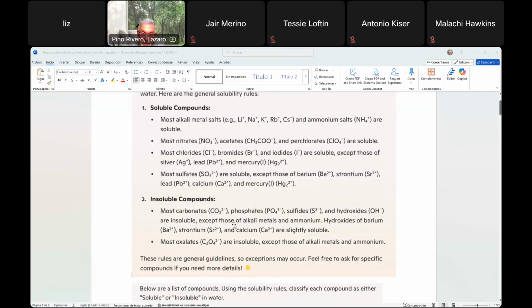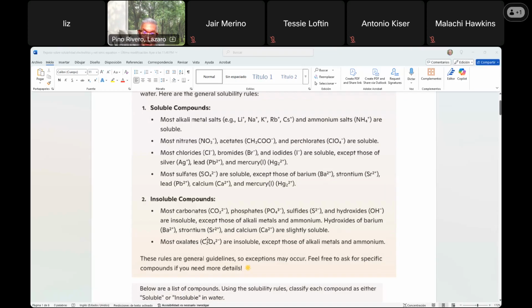Oh, except when you have an alkali metal as a cation. Then the hydroxides are soluble. Hydroxides of barium, strontium, and calcium are slightly soluble, okay?